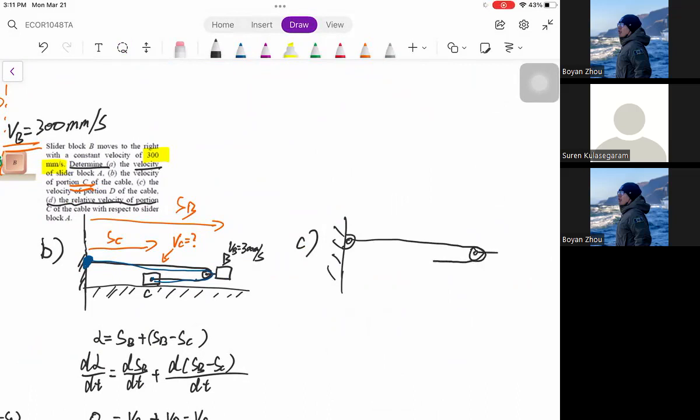This one is point B, and going back, we have point A over here. And that is the point D we're going to find.